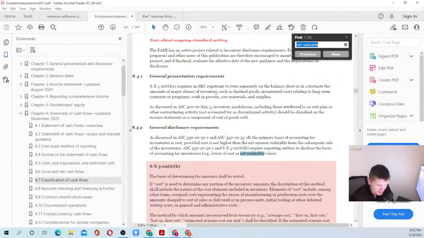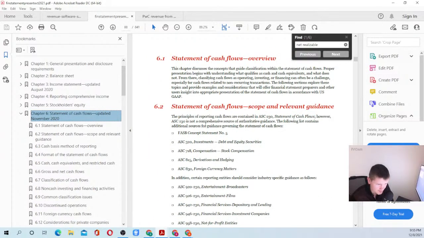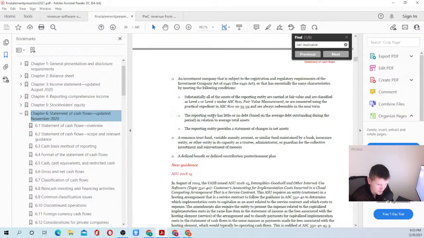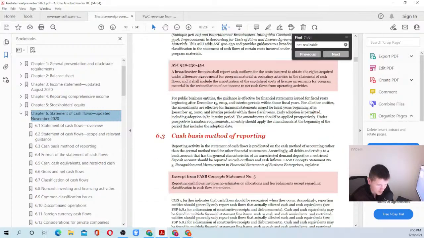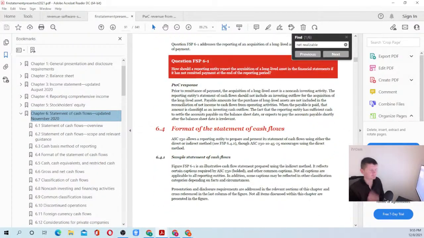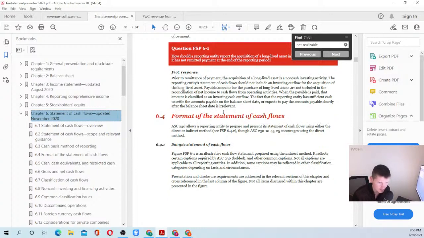Okay, so the cash flow statement guidance here doesn't tell us anything about net realizable value of inventory. So net realizable value is basically a non-cash item. It is a non-cash impairment of inventory usually included in cost of sales, or it may be a separate line on the income statement.